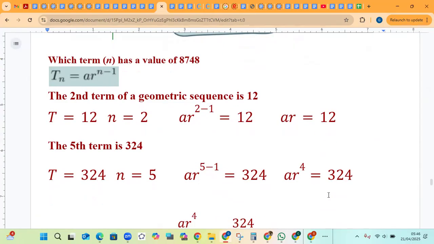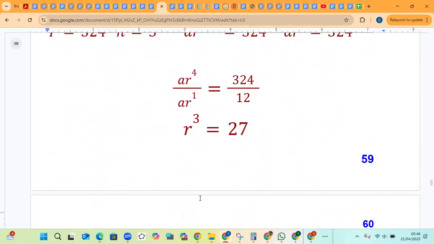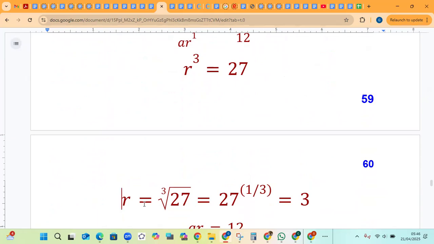You can solve for a and r, or you can divide the bigger equation by the smaller one, and that will cancel out a. a divided by a is 1, so a cancels out. 4 minus 1 is 3, so you have r cubed, and 324 divided by 12 is 27. And then to find r, you take the cube root of r cubed. To cancel out the cube, you take the cube root, which is raising to the power of one third. And you have r to be 3.